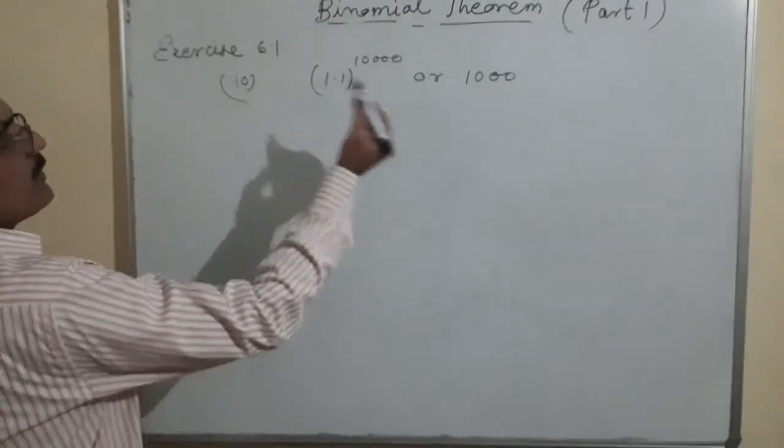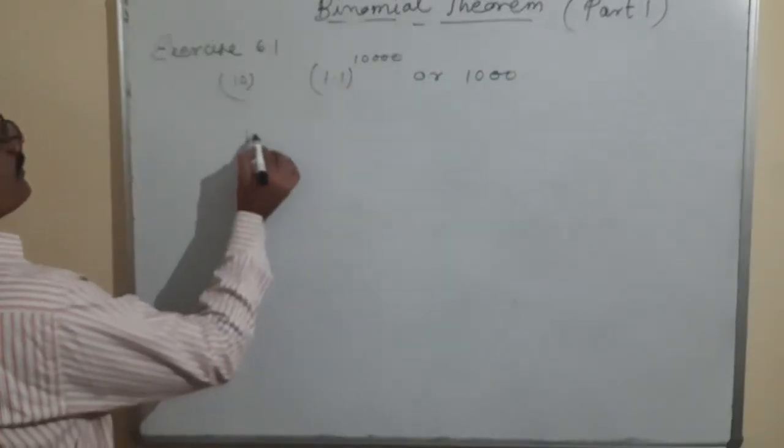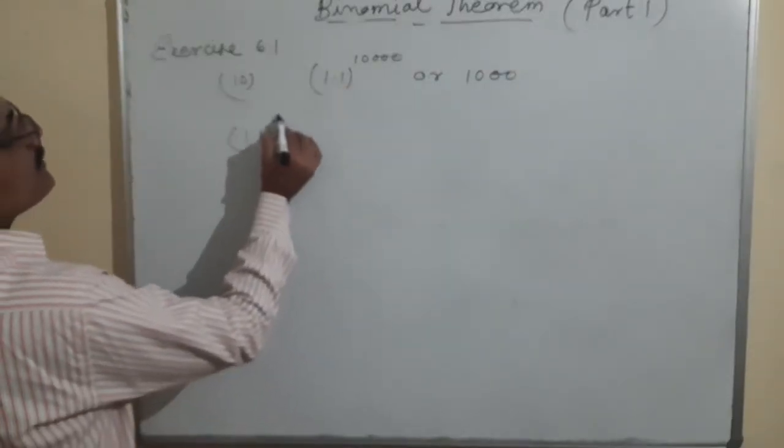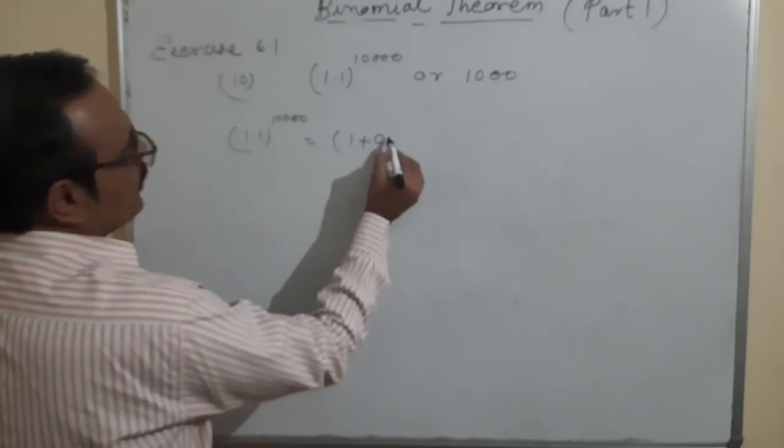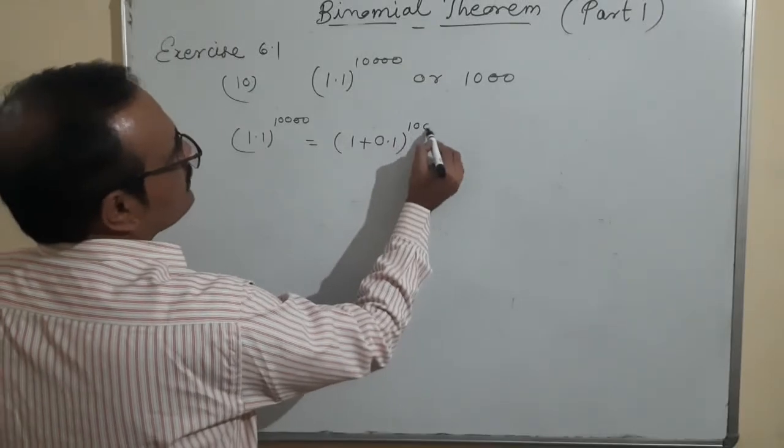But by the binomial theorem, 1.1 to the power 10,000 can be written as (1 plus 0.1) to the power 10,000.